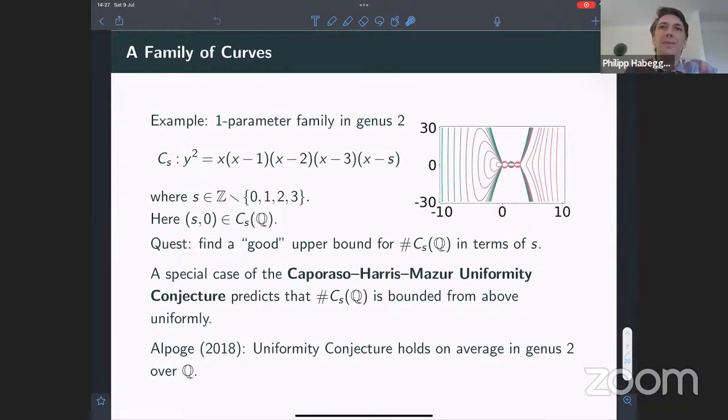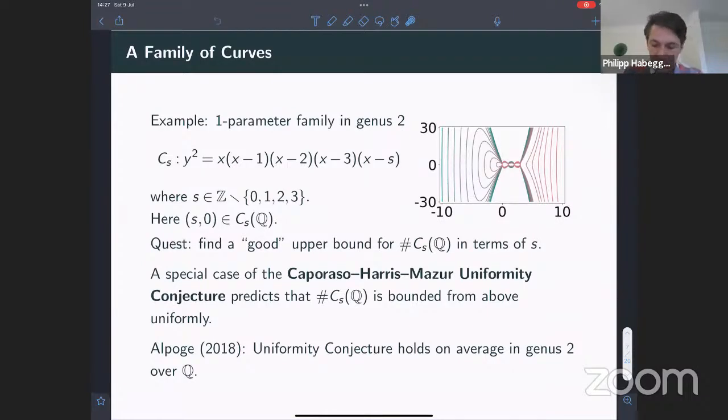Now the genus here is fixed, and the number field Q is also fixed. A special case of the powerful Caporaso-Harris-Mazur uniformity conjecture predicts that the number of rational points here is bounded from above uniformly as S varies over the parameters I'm allowing here. We are very far from having a proof of this, and some evidence is given by Poonen, who showed in 2018 that on average in genus 2, the number of rational points should be bounded.